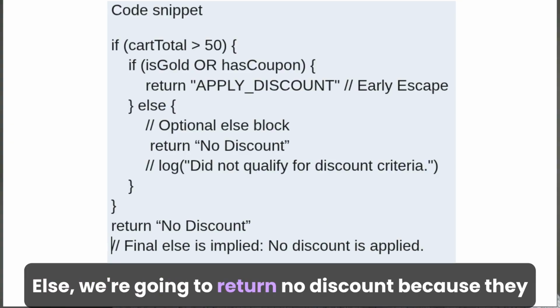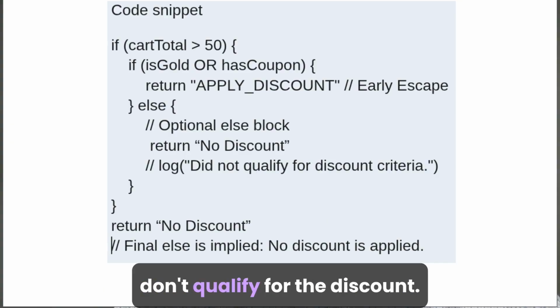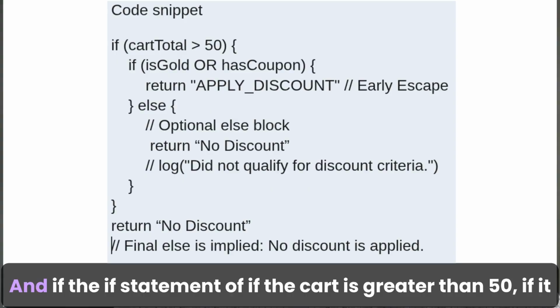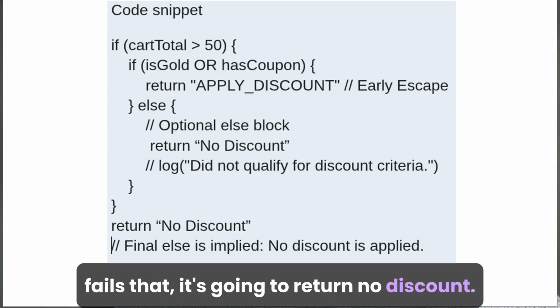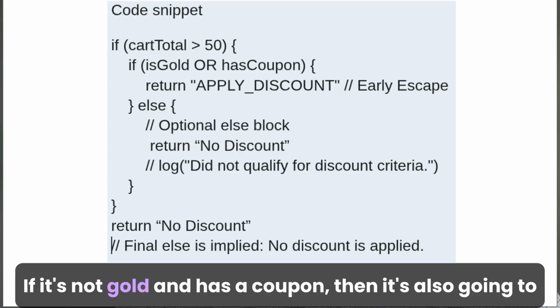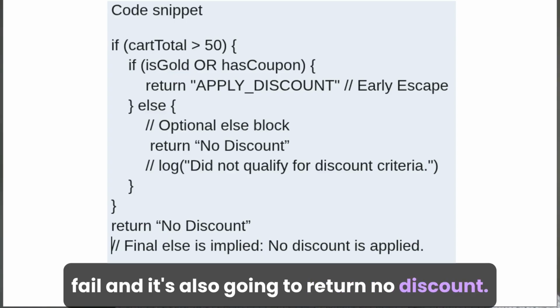Else, we return no discount because they don't qualify for the discount. And if the cart is not greater than 50, it fails that and returns no discount. If it's not gold and has no coupon, then it also fails and returns no discount.